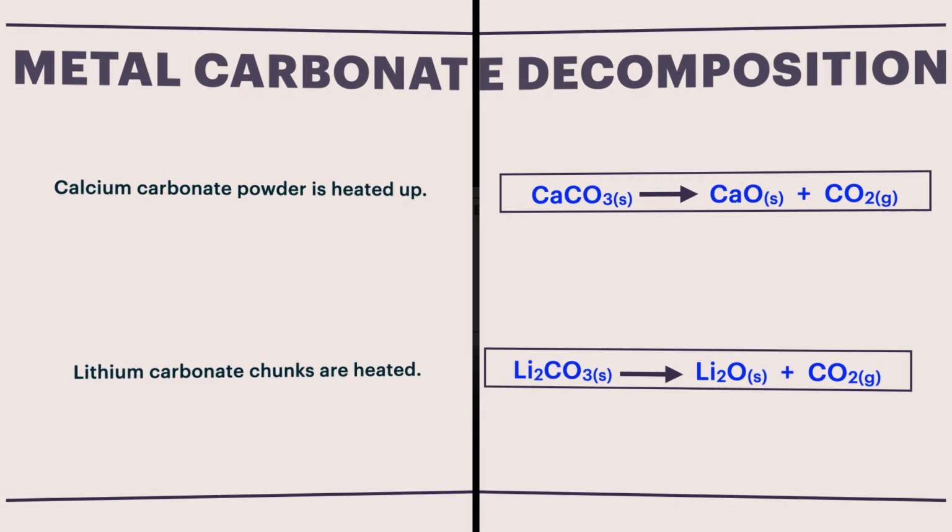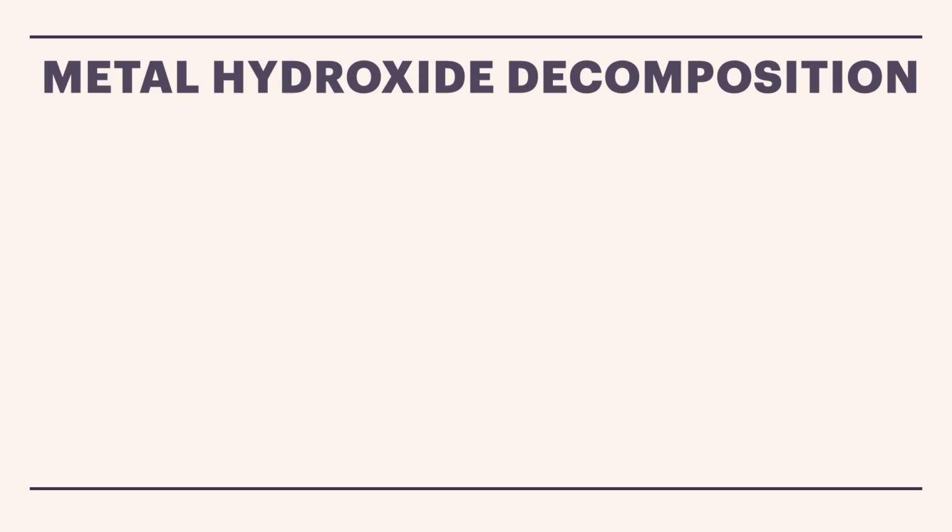The third and final decomposition category I want to look at are metal hydroxides. So a metal hooked up to the hydroxide ion. So let's say we take some calcium hydroxide pellets, warm them up. So it sounds like it's going to break apart. So it sounds like decomposition. Calcium is 2 plus, hydroxide, a polyatomic, is 1 minus.